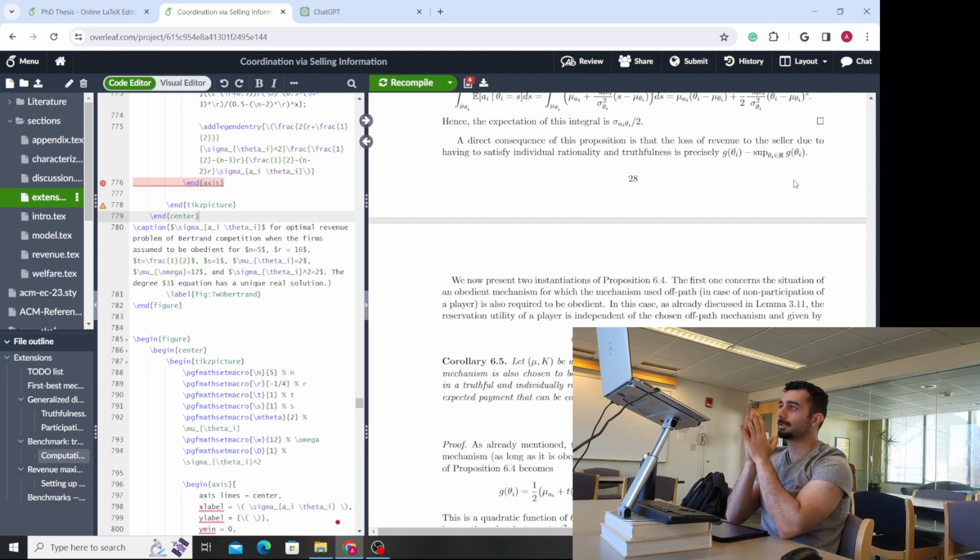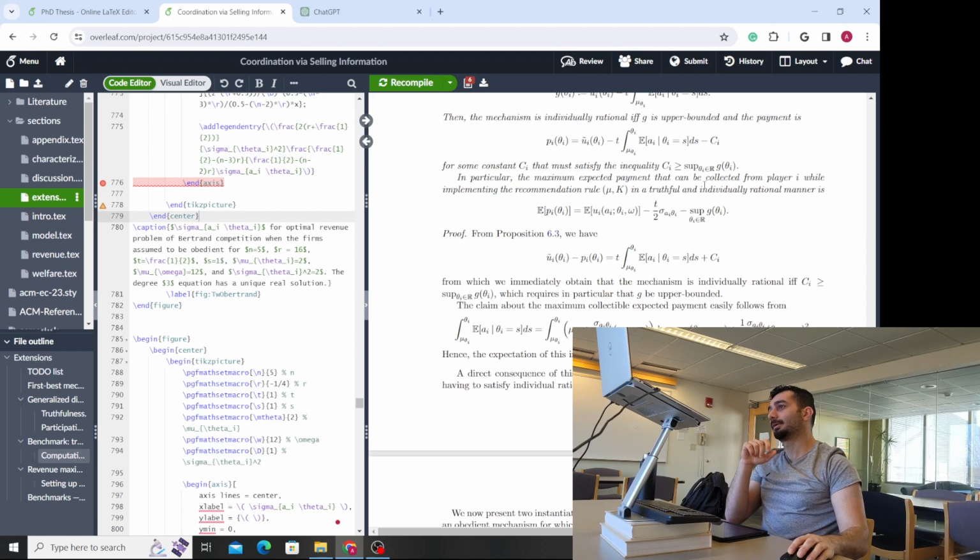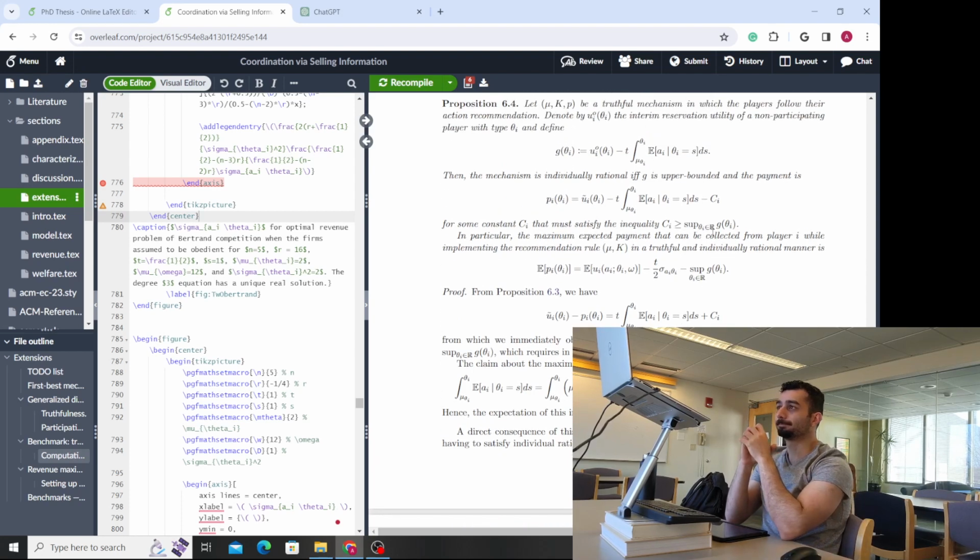The loss of revenue to the seller due to having to satisfy IR and truthfulness is paid. It is, what is it, gi theta minus the supremum.